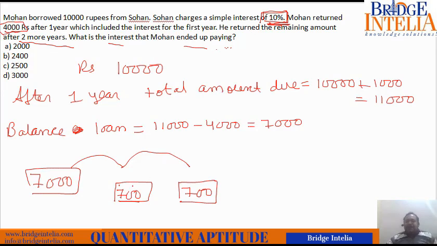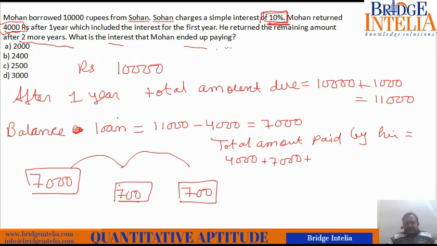So total amount paid by him is equal to what? 4,000 plus 7,000 plus these two installments of interest, because he kept the loan for another 2 years. So this is equal to 12,400.